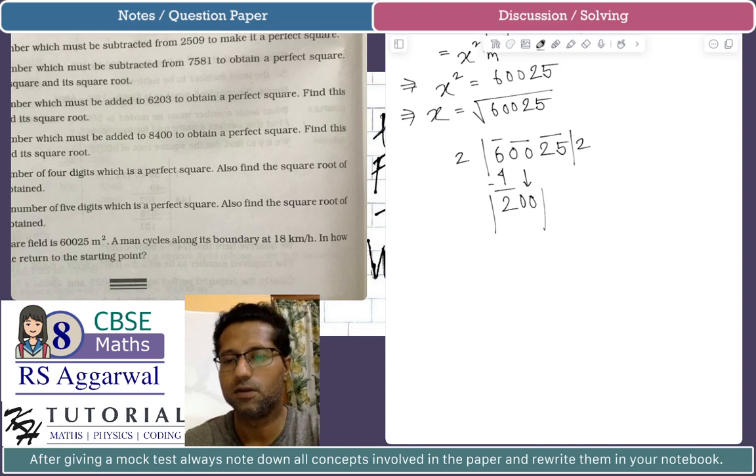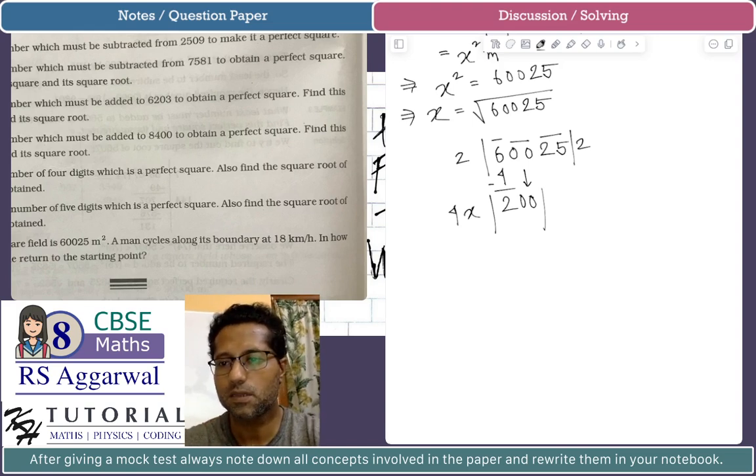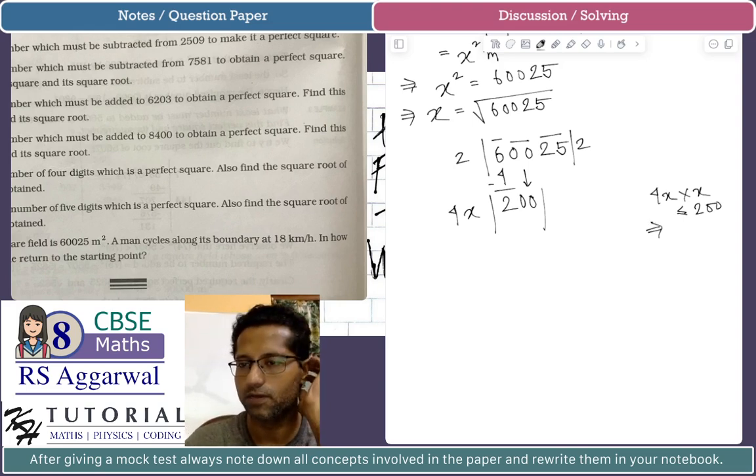The next partial divisor will be the current quotient multiplied by 2, so which will be 2 into 2, 4. And now I have to find this x over here such that 4x multiplied by x will be less than or equal to 200. So what can x be? Can x be 5? No, 45 into 5 will exceed 200.